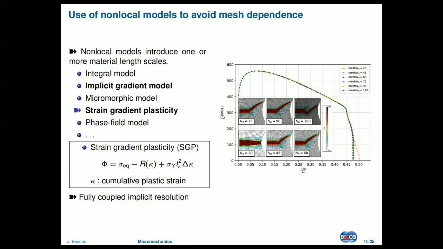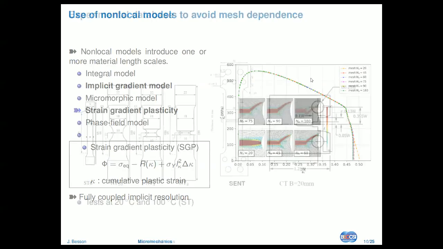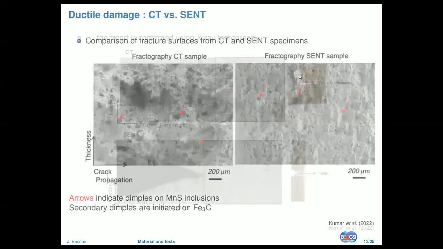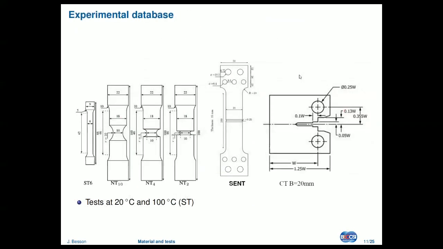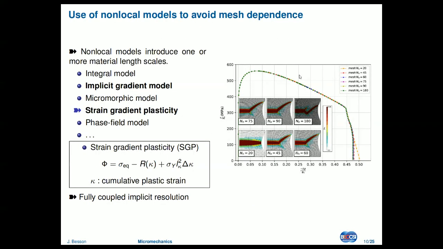So basically, what we're doing, we have here the yield surface, and we just add an extra hardening term which depends on the gradient of the plasticity. So this will create softening and prevent hardening, sorry, and prevent localization.